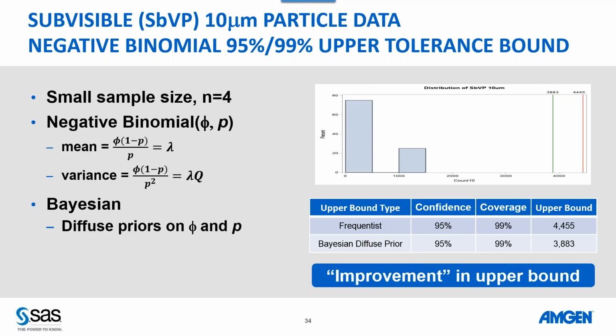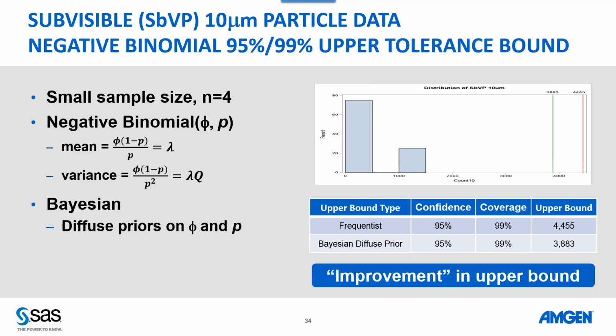One of the things that a lot of you are familiar with is that the agency doesn't like limits that are too small, too close to the data, or limits that are too large. So the reason we're getting 4,455 is because the sample size is small. But this is just to show you that you can use these techniques to compute a bound that is not an approximation, and it improves this.